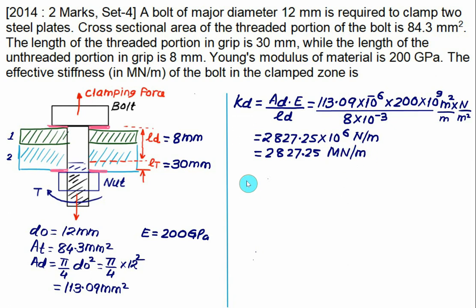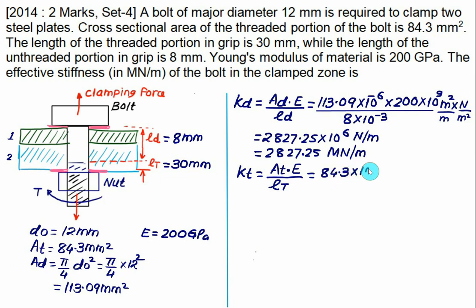Similarly, we can calculate the stiffness of the threaded portion, which is the ratio of the area of the threaded portion multiplied by Young's modulus, divided by the length of the threaded portion in the grip, lt. The area of the threaded portion is directly given, because this value you have to collect from a table, hence it was given to you as 84.3 mm².